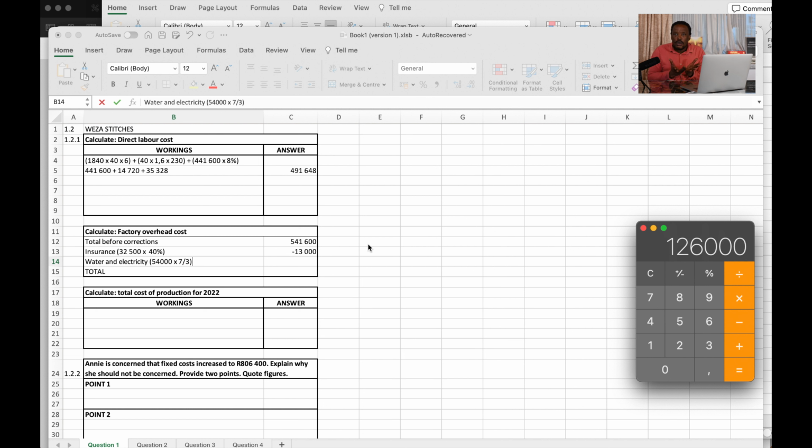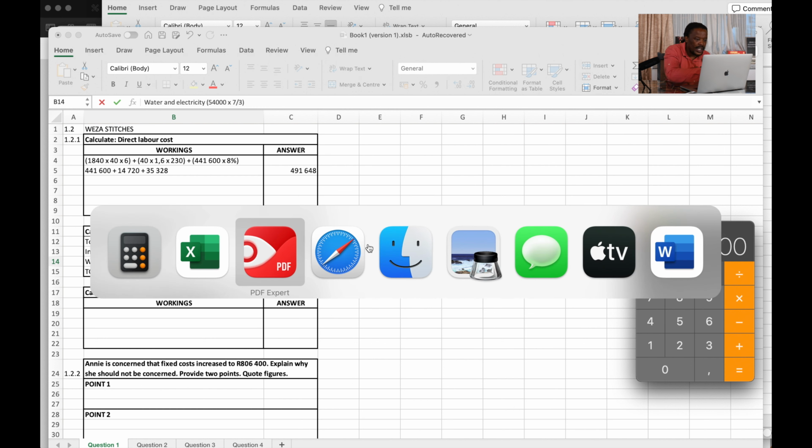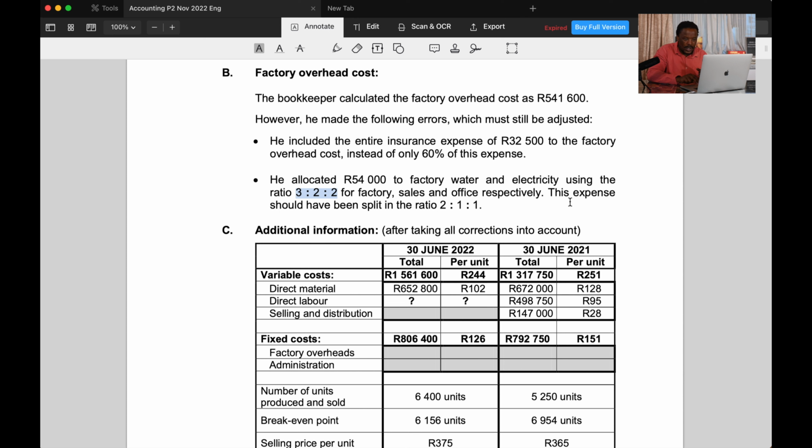So 126,000 in essence was not supposed to be split in terms of 3/7. The correct allocation is that this expense should have been split in the ratio 2:1:1.